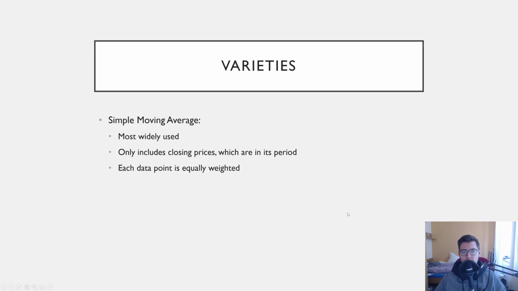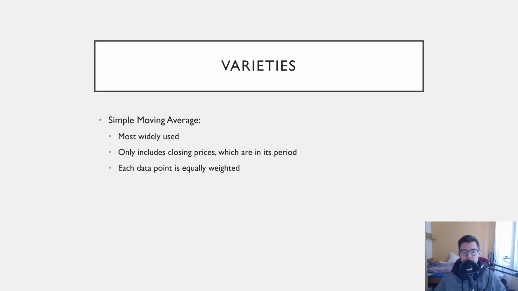So starting off with the varieties, firstly we have the simple moving average. It's also the most widely used indicator for moving averages, and it's very simple in its programming. It only includes closing prices. Of course, you could also use other prices, but for this presentation I will mainly focus on closing prices because they are also the widely used ones.